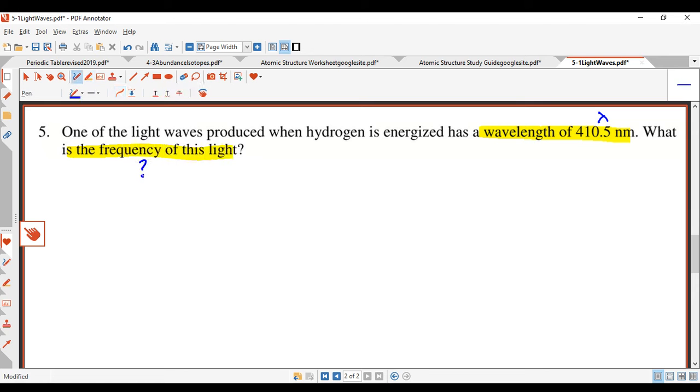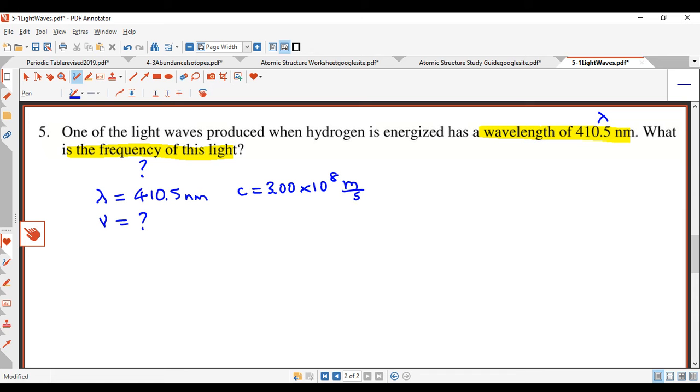So this is what you're looking for. So here we have wavelength is equal to 410.5 nanometers. We do not know the frequency. And we do know the speed of light. C is equal to 3.00 times 10 to the 8th meters per second.